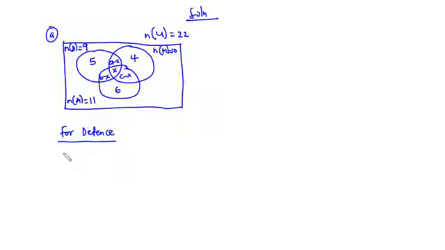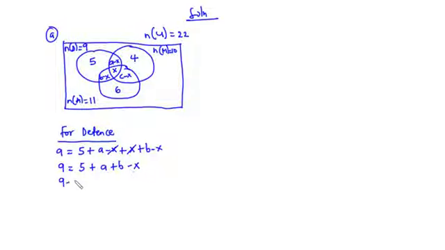Now the number of players who play defense is 9. So we have 9 equals, considering this circle, we are going to add up all the contents of this circle. So that is 5 plus A minus X plus X plus B minus X. Now negative X cancels out positive X. So we are left with 5 plus A plus B minus X. Now let's transpose 5 and negative X to the left hand side.